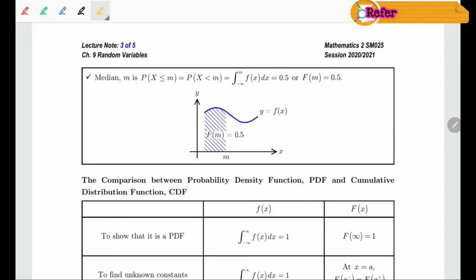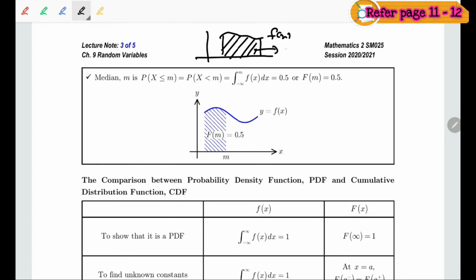Okay, then we proceed. For the continuous random variable, we should know that the total area bounded by the function should be 1.